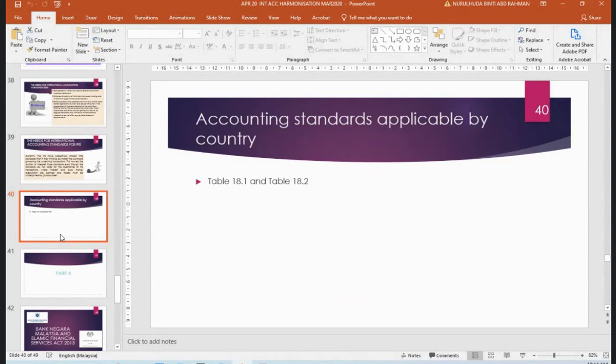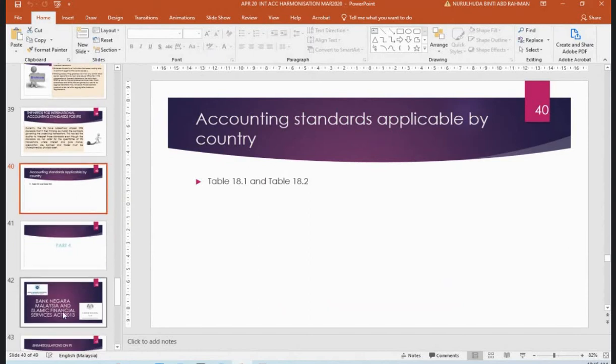And countries that apply IFRS or other accounting standard without differential treatment include Albania, Australia, Brunei, India, Malaysia, just name a few. Okay, so you can see it depends on jurisdiction, it depends on geographical factor, regulatory factor, enforcement by their authority and so on.